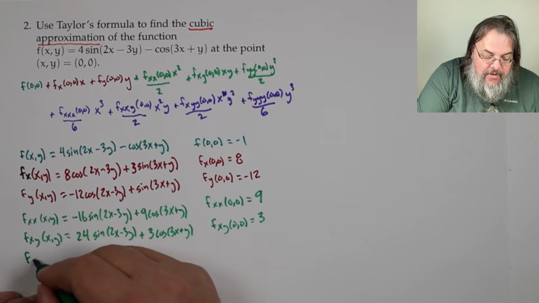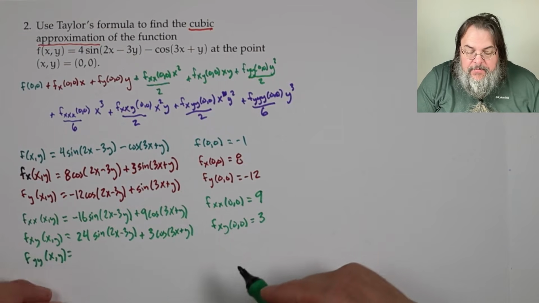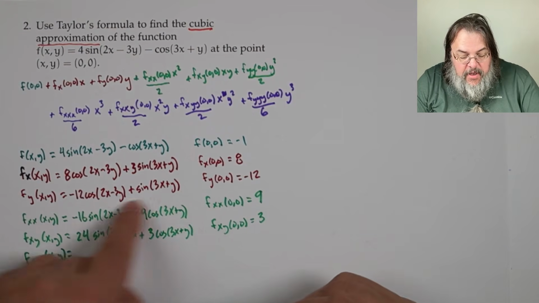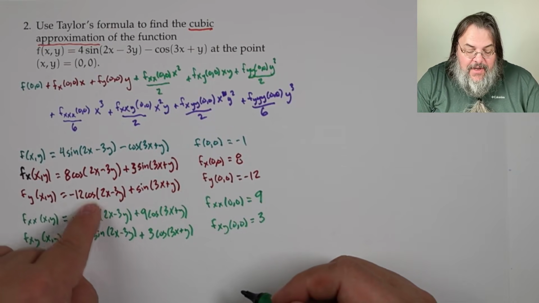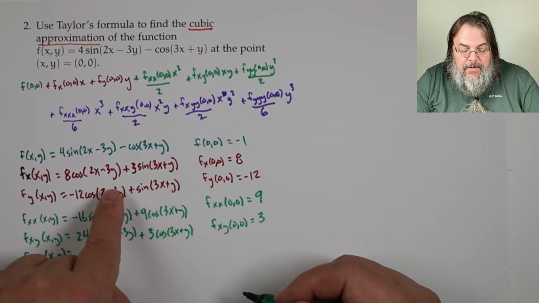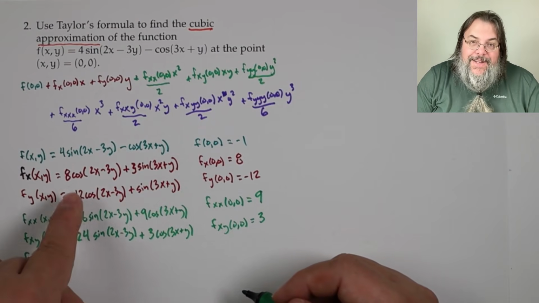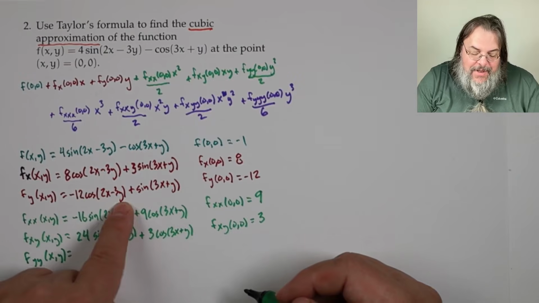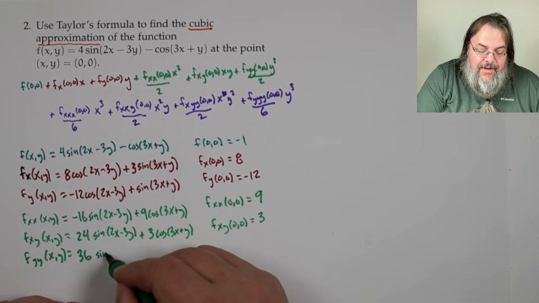So we go to our next color. f_yy(x,y) is what? Well, come to f sub y, take the derivative with respect to y. Derivative of cosine is negative sine. And then a negative 3 comes out. And there's already a negative 12. Negative 12 times a negative 3 makes 36 sine.